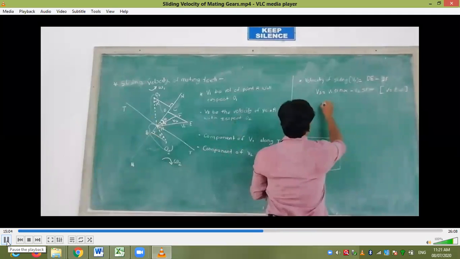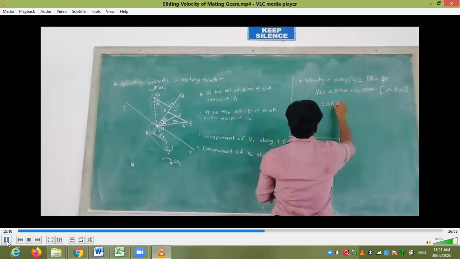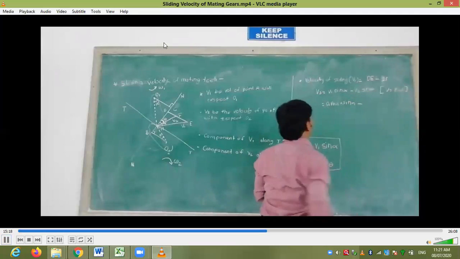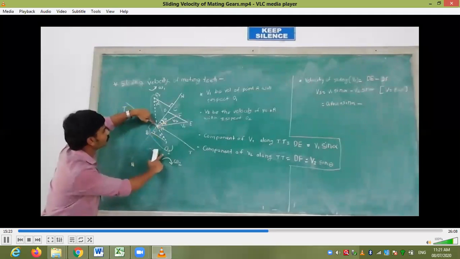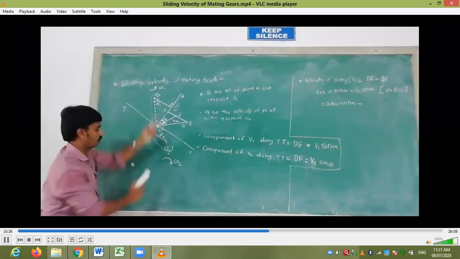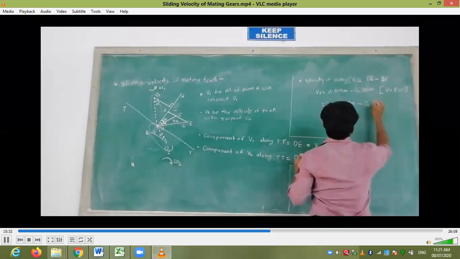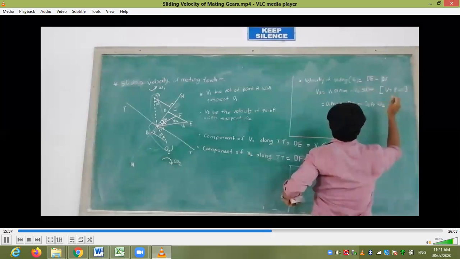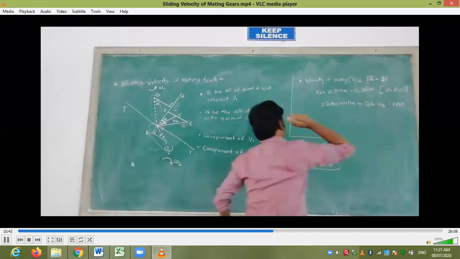Therefore, V1 is equal to O1A into omega 1 into cos alpha. For velocity V2, the radius is O2 to A and the angular velocity is omega 2. Therefore, V2 is equal to O2A into omega 2 into sin theta.